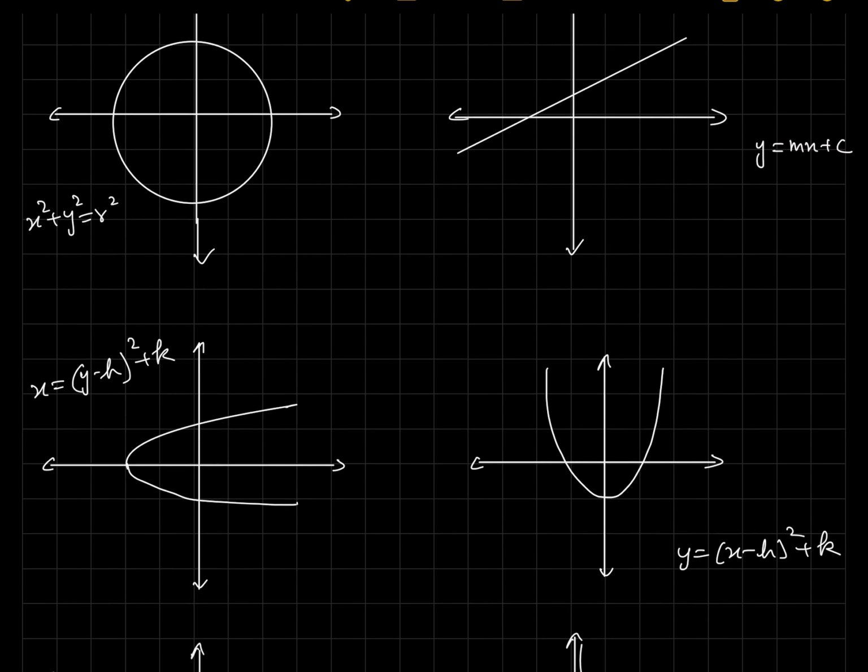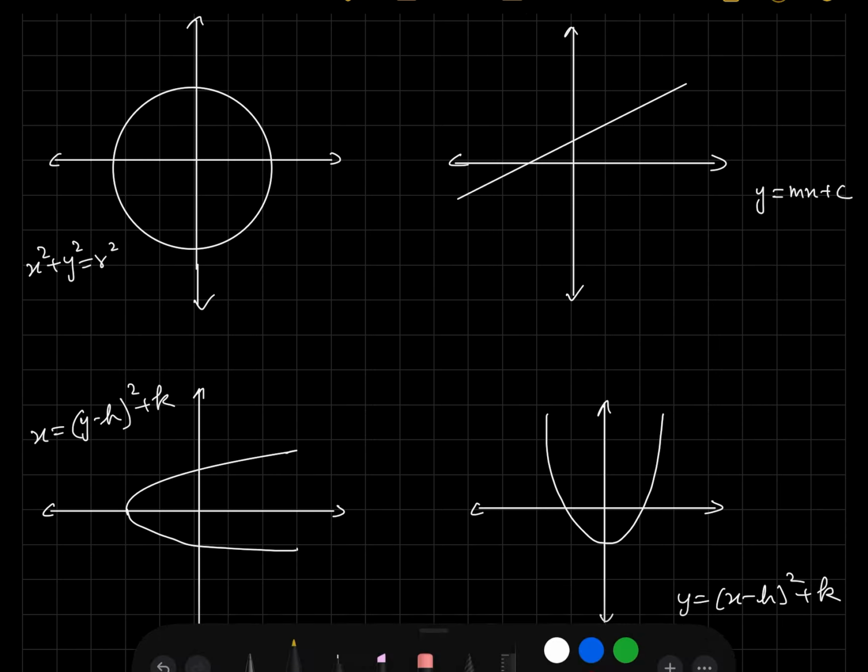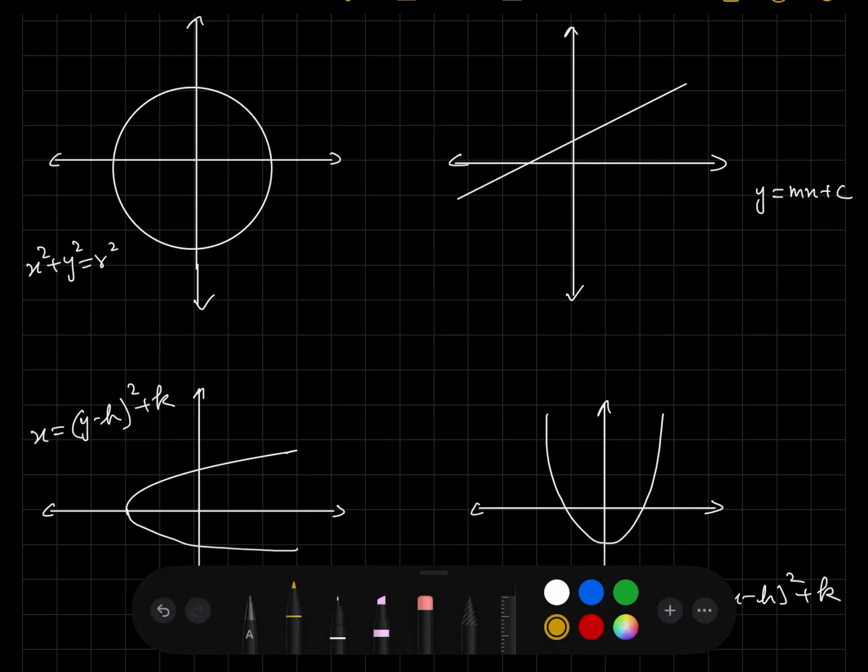Now let us see the graphs I have drawn. The first one is a circle. How do we test whether a graph is a function or not? There is one simple test, which we call the vertical line test. I simply draw a vertical line and check.